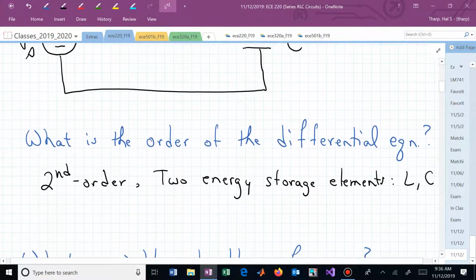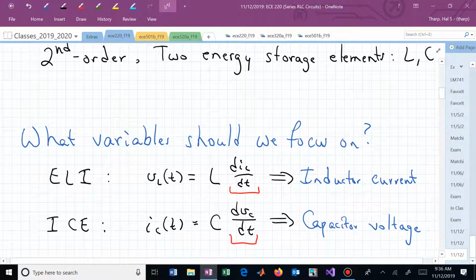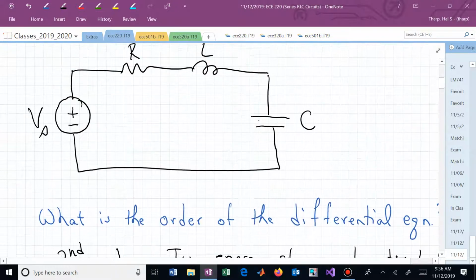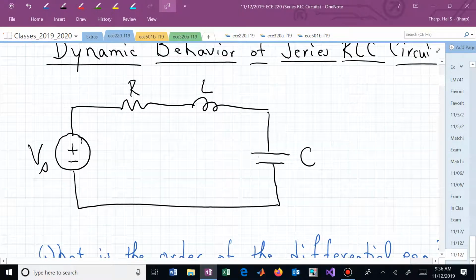Now that we know we're interested in inductor current and capacitor voltage, so what? Well, now what do we do? How does that help us? Well, here's the capacitor voltage, here's the inductor current.